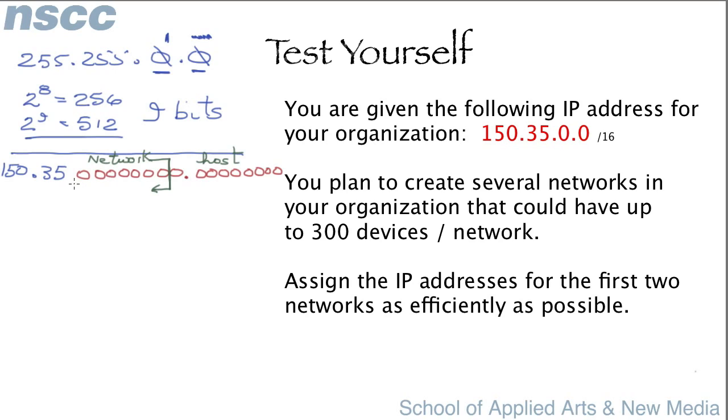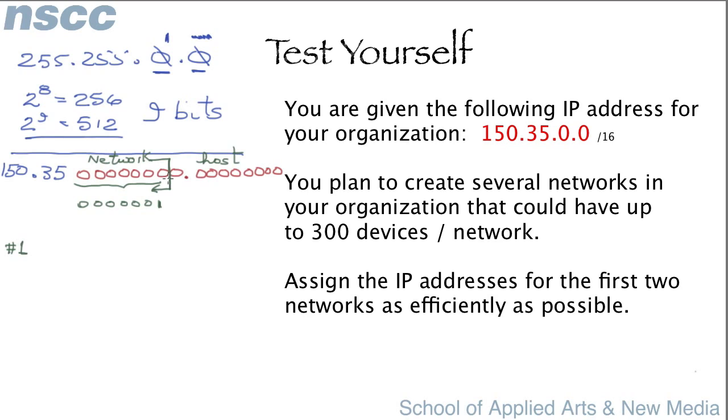So I take all these bits I'm borrowing and I look at the very first 2 addresses in a counting sequence. That is, these are all zeros. The next in the sequence is when this bit is a 1. So these are going to be the two networks. So let's look at network number 1.